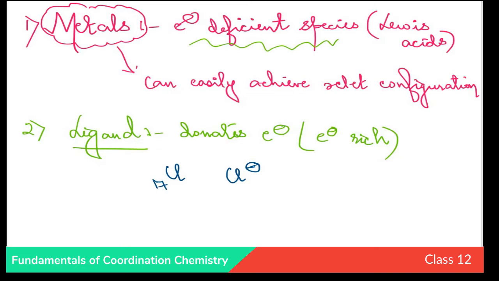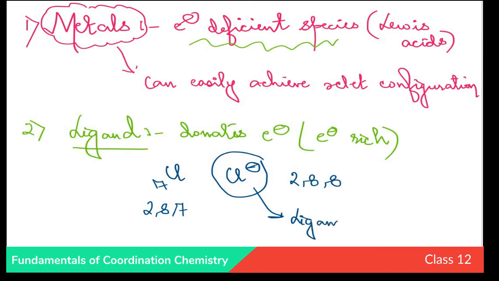So it has an incomplete octet, right? Whereas Cl minus has a complete octet, and also it has an excess of electrons. So it will be able to donate its electron and behave as a ligand in this case. So Cl minus is a ligand, Cl is not a ligand. Clear? Okay.